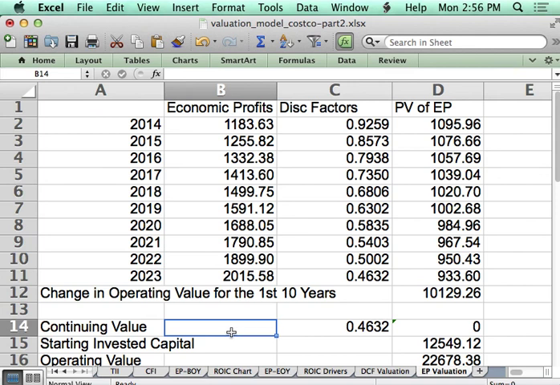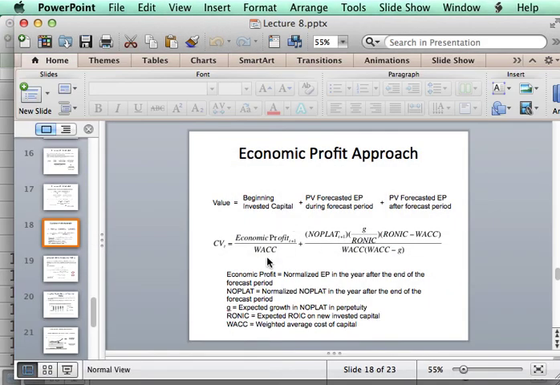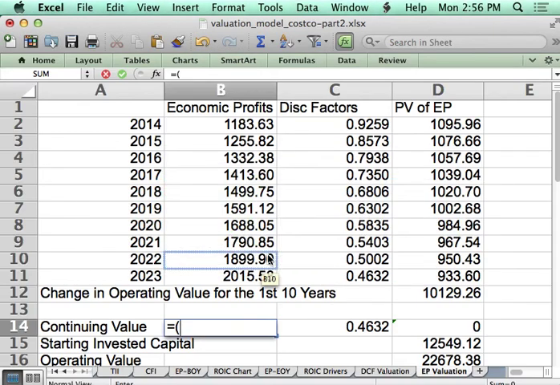So continuing value equals left paren. You can see it's economic profit divided by WACC. So let's go back to my Assumptions tab.